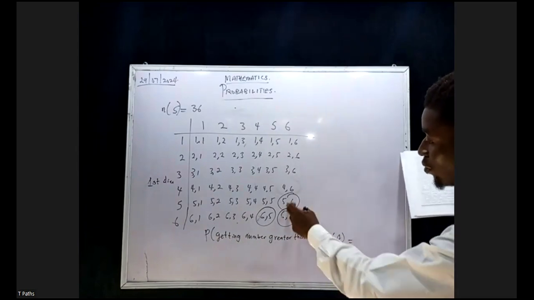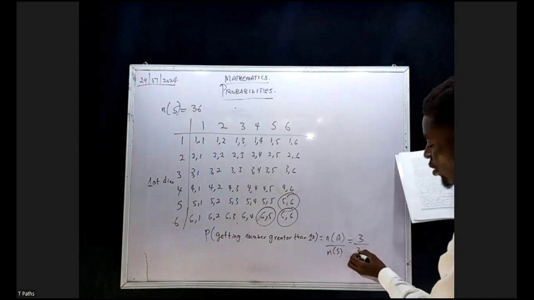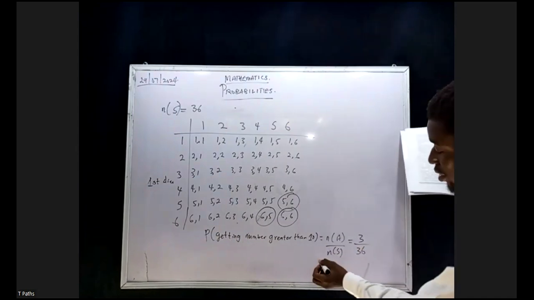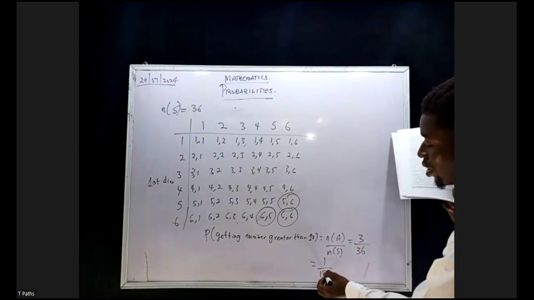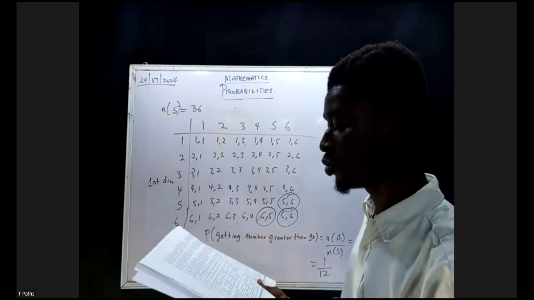So I have 1, 2, 3, which is 3. The total number in the sample space is 36. So 3 over 36, which equals 1 over 12. That's option A.